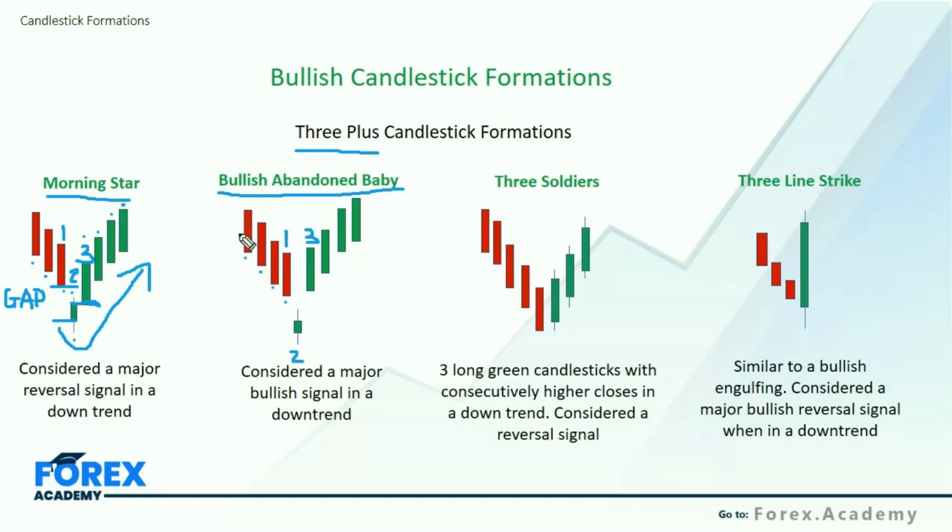So we are in a downtrend, and what we see is an abandoned baby. So all of these names are weird and wonderful. You don't necessarily need to memorize all of these different types of candlestick formations, but what you do need to understand and comprehend is that when you see price action like this, it can look and it can become very bullish.